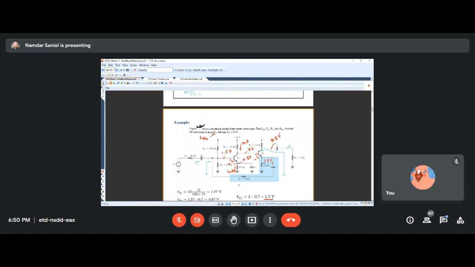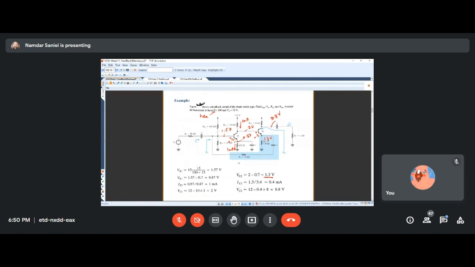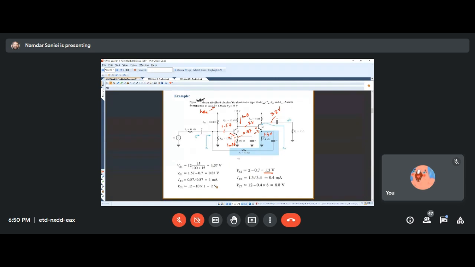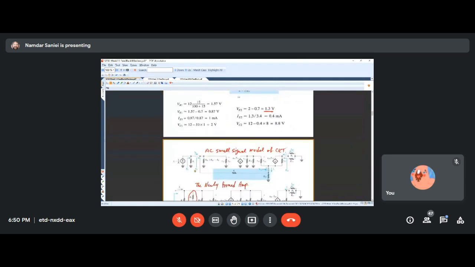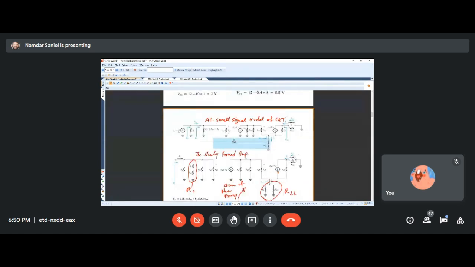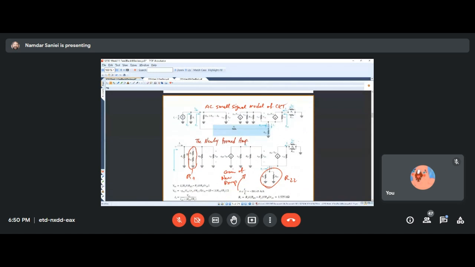We ran a DC analysis first, as usual. Simply here, we assumed beta is infinite for the DC. And then we drew the AC small signal model of the entire circuit, and then we took this feedback network and found R11 and R22, absorbed it into the amplifier to form the newly formed amplifier.